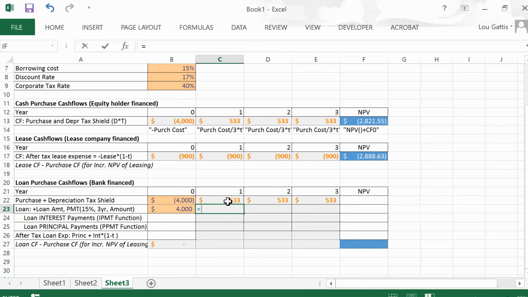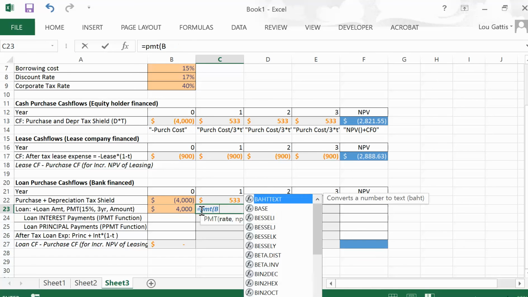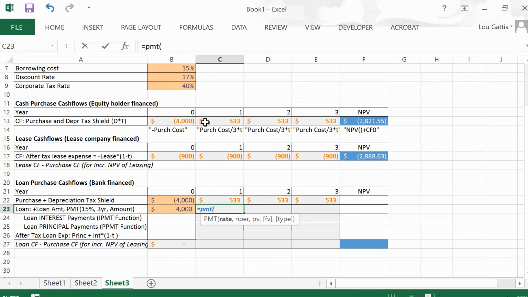Now, if I do that, for the annual payment for that loan, I'll do a payment function. I'm borrowing $4,000 for 3 years. Whoops, let me put the interest rate in there. Interest rate is 15% annually for 3 years.